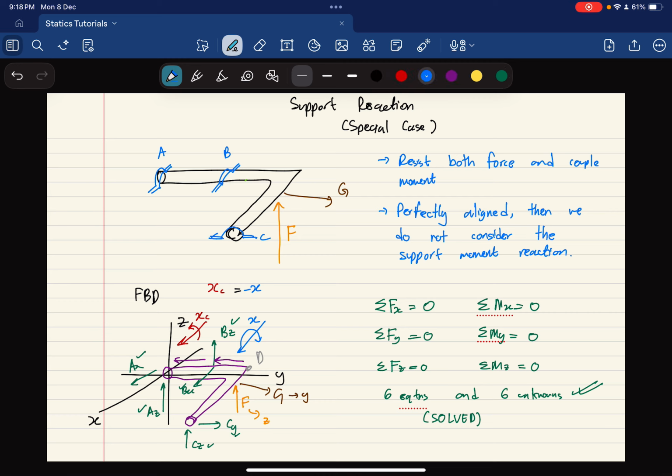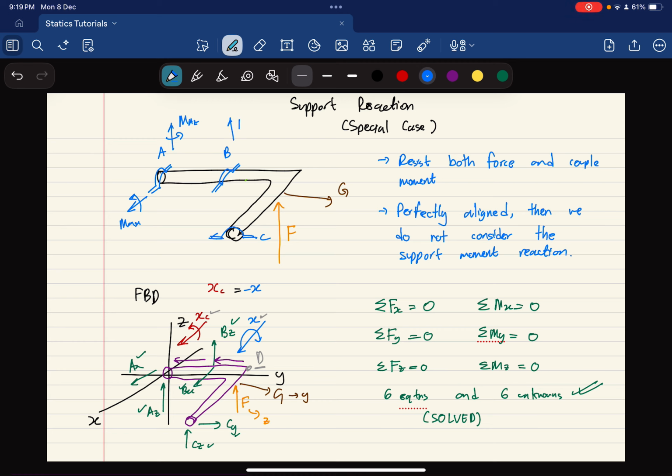For example, we do not consider the MAX. Okay, we don't really consider MAX because it's all being countered by the other support reactions. If you take a moment at point D itself, we're going to find out that eventually all the support reactions will generate moments that'll cancel each other out. Therefore, there is really no need for us to find the MAX, MAZ, okay?